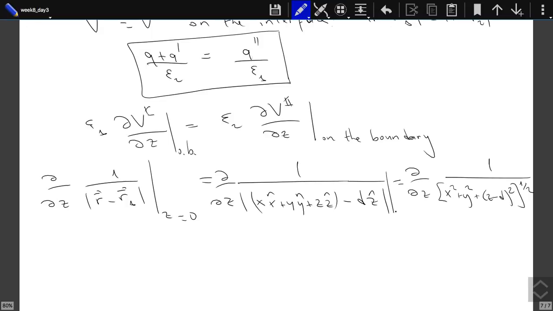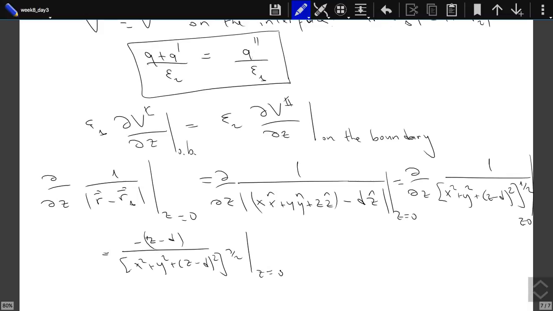Of course, evaluate at Z equal to 0, which is equal to minus Z minus D divided by X squared plus Y squared plus Z minus D squared to the power 3/2.